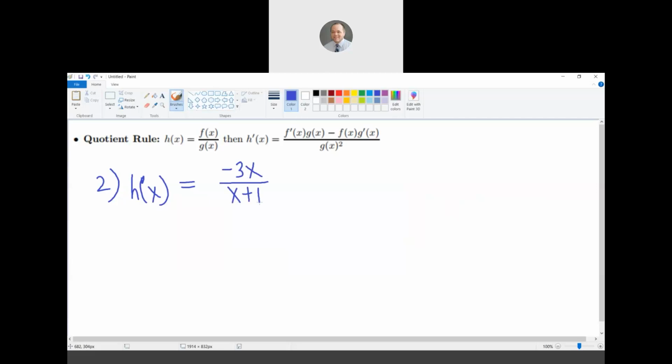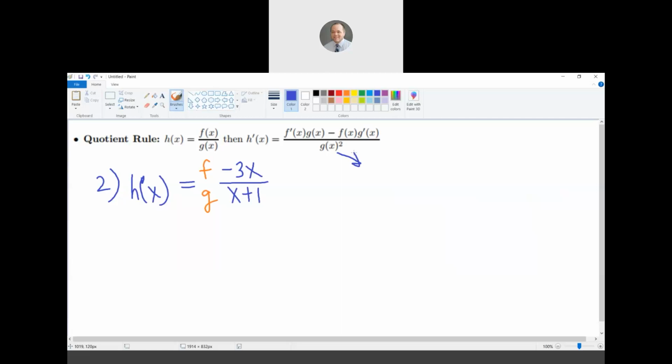Again, since we have a fraction, we must use the quotient rule. Identify f and g. Your numerator is f, and your denominator is g. And let's fill everything into our quotient rule.